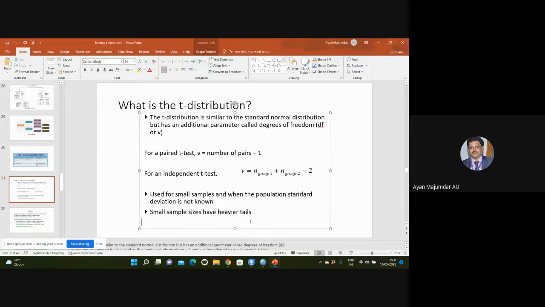As a thumb rule, any sample size less than 30 is a small sample. So we will use the t-test when the sample size is small and the population standard deviation is not known. We don't know what the population standard deviation is. Then we will apply the t-test.